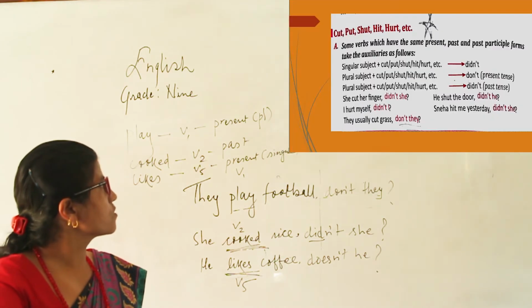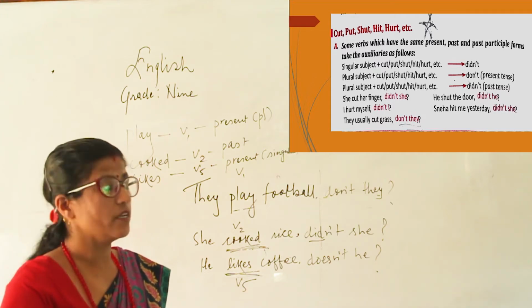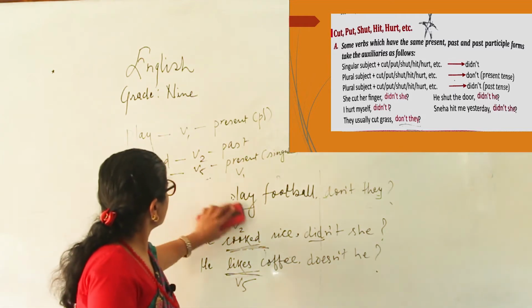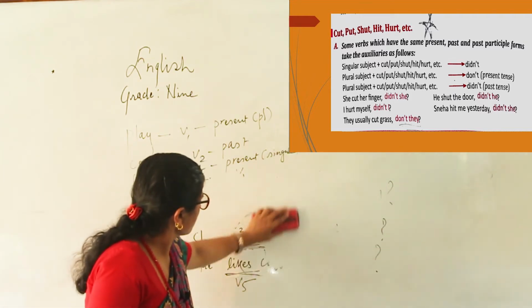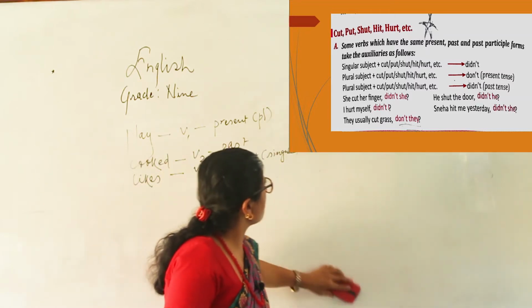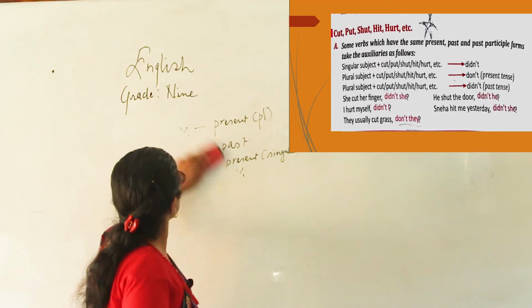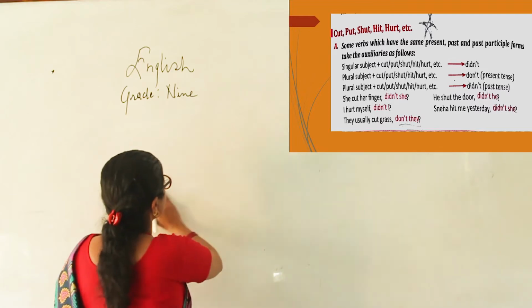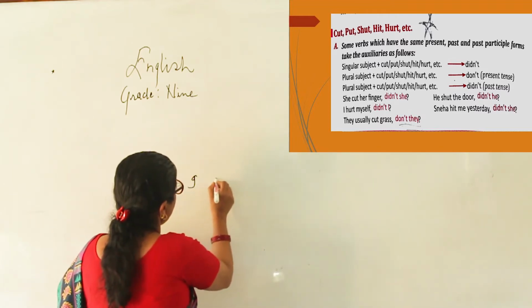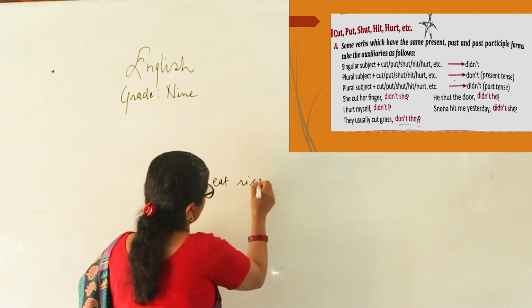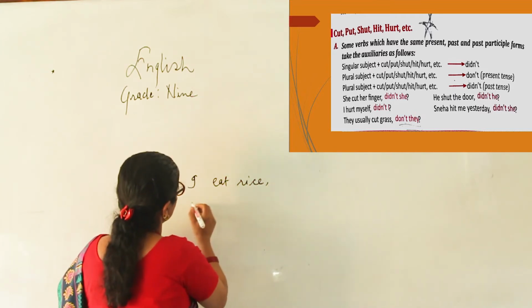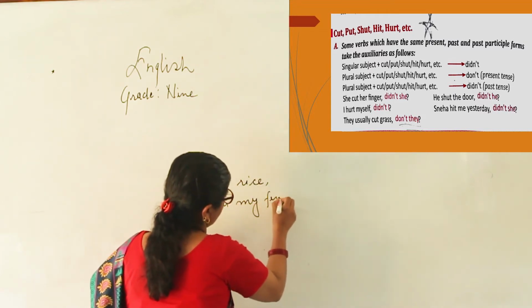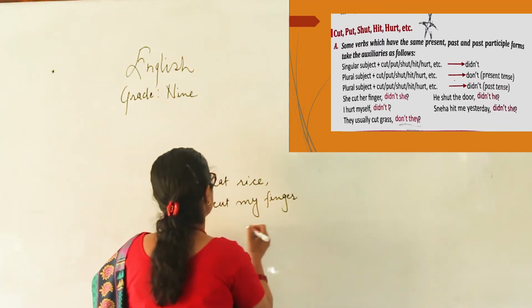Let's see some verbs. Generally we get confused while using them. Let's see some more examples. I eat rice. I cut my finger.